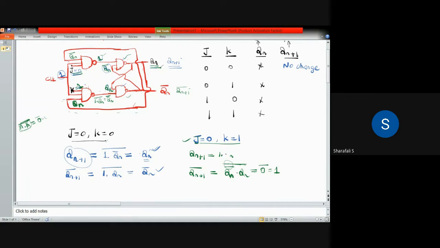So this is the output at Qn plus 1. So what will be this output? This output will be Q, because you have to take the double complement of this, then that will be equal to Qn itself. So here we have Qn as Qn plus 1, and here we have Qn plus 1 bar.